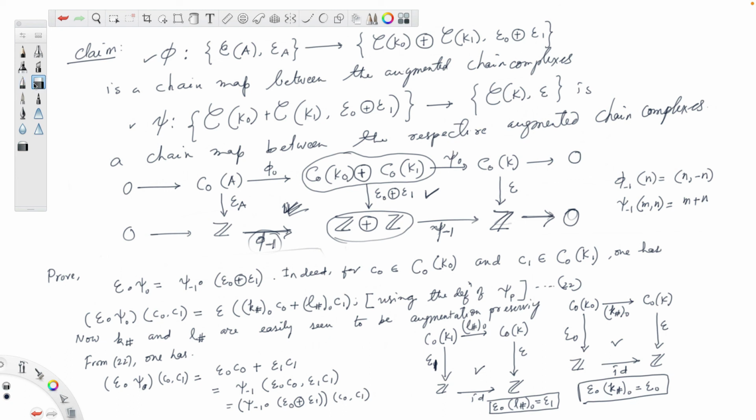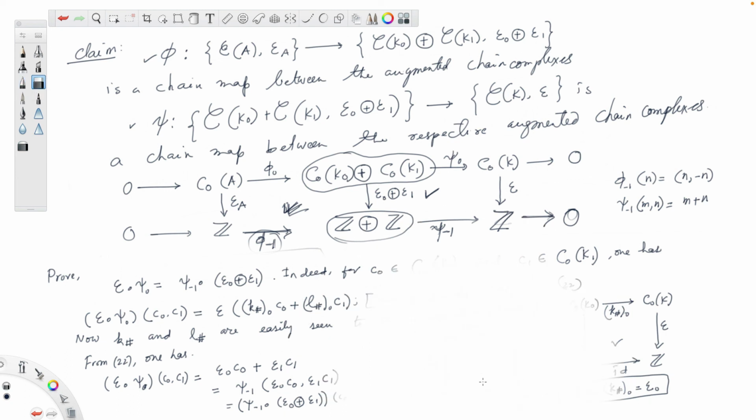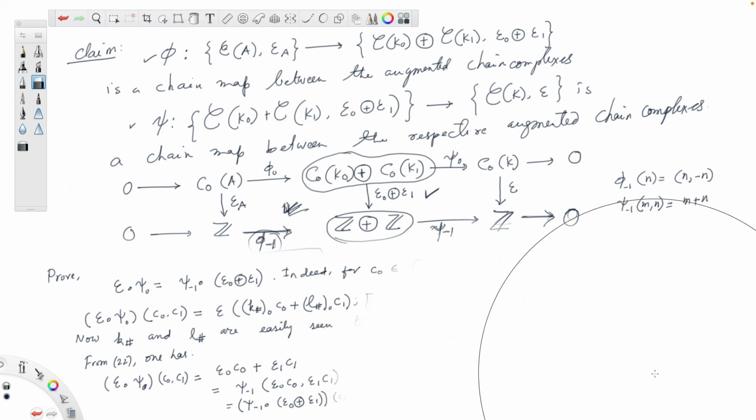Okay, so let me erase things on the right. So we have epsilon composed with psi 0 is equal to psi minus 1 composed with the direct sum of epsilon 0 and epsilon 1.